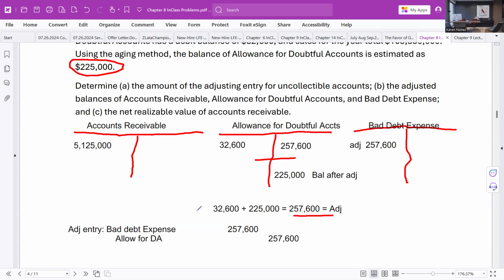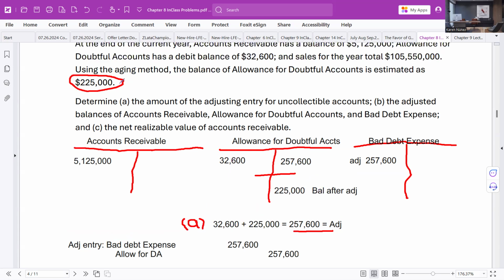That's part A. It's what's in the account, and we have to add to that account. When we add the 257.6, the net of these two gives us what we need, a balance after adjustment of exactly 225,000.